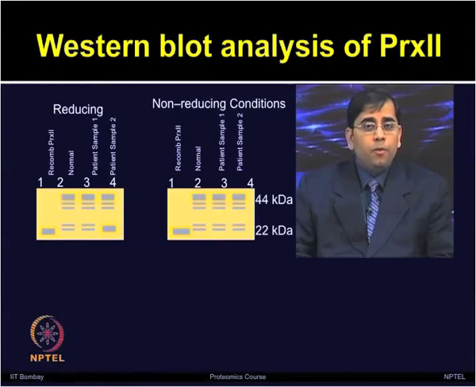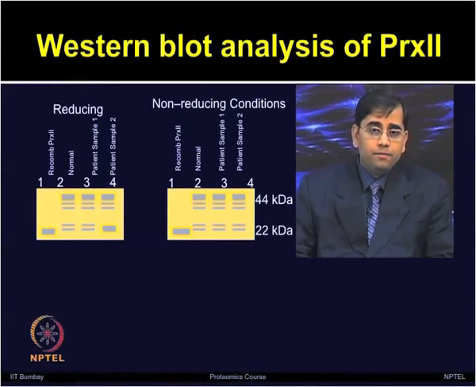So, they performed the Western blot in both reducing and non-reducing conditions, as you can see in the slide, and loaded different samples including recombinant peroxiredoxin, normal or healthy individual, patient sample 1 and patient sample 2.